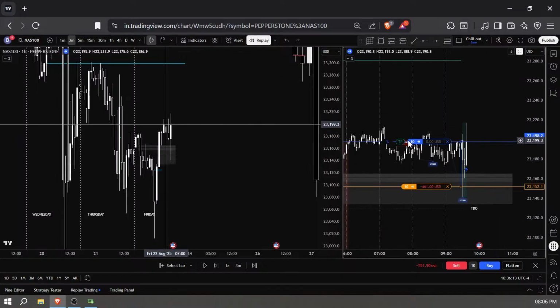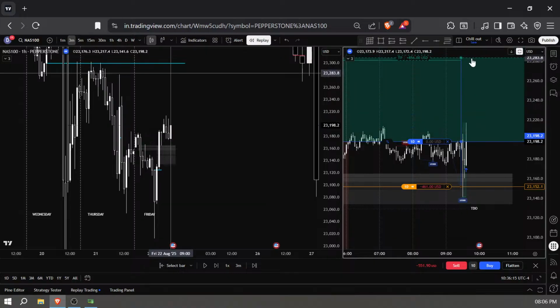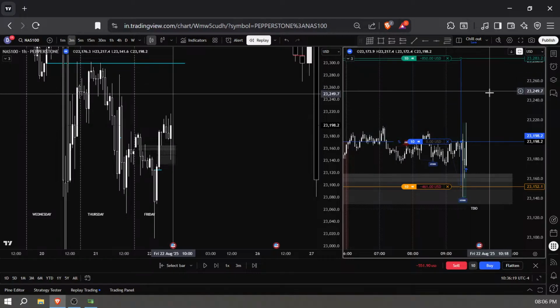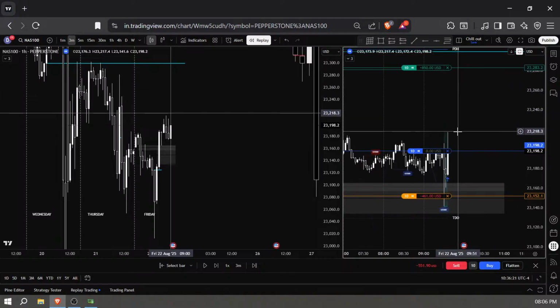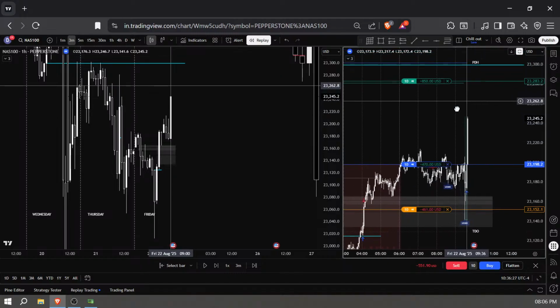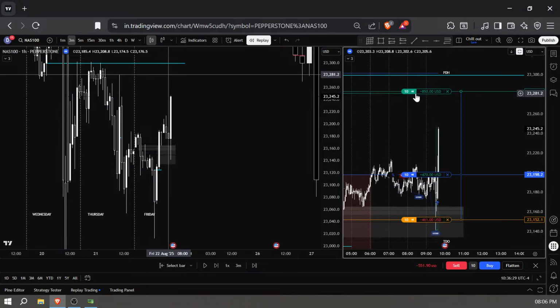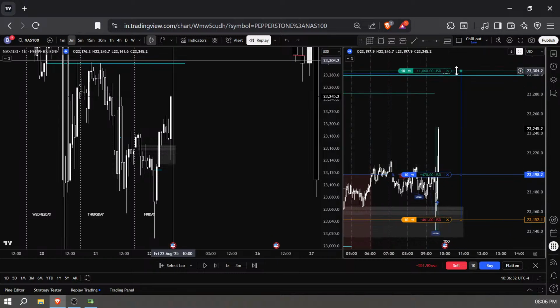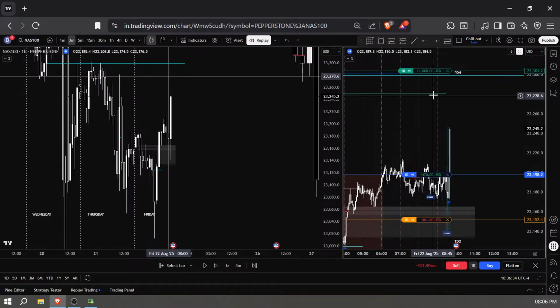Let's see how far it goes. This is a very good liquidity to trade, bro. He's flying. We will aim for the previous day high, but we will also focus on this liquidity that we marked.